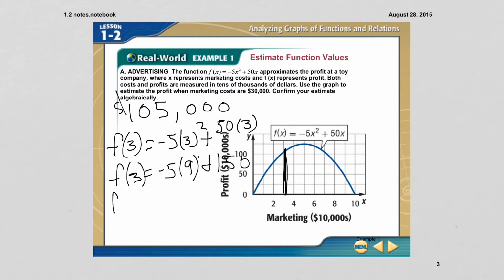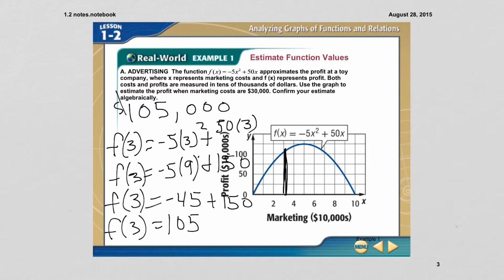So f of 3 equals negative 45 plus 150, which gives me f of 3 being 105. We change that into tens of thousands, and the profit is 105,000. And that's how we do it algebraically.